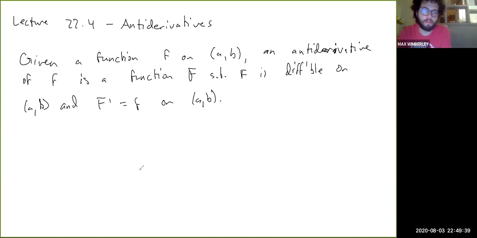So they have the same values, right? So our first corollary here, we don't need integration at all yet to talk about antiderivatives.